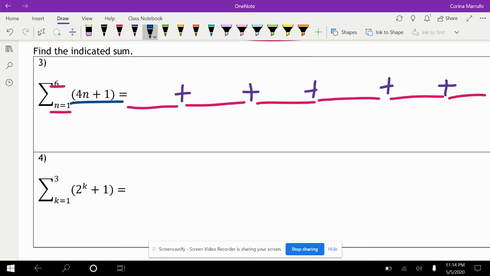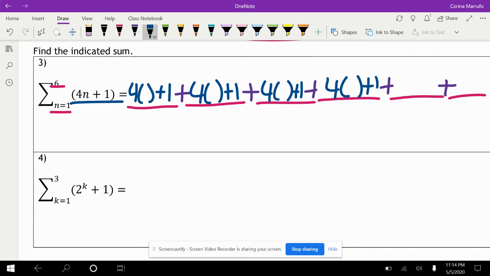Then we have our function rule, 4n plus 1.